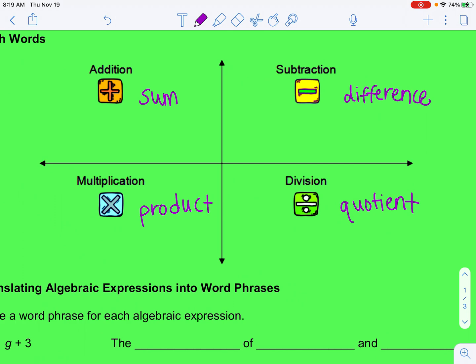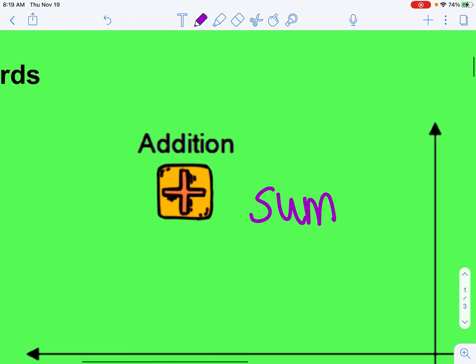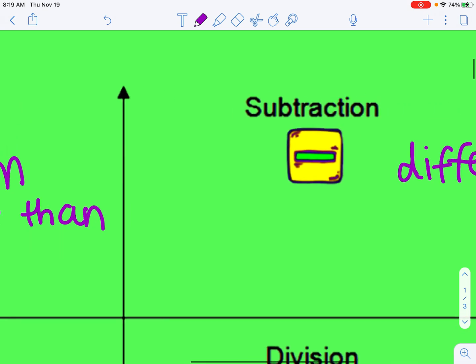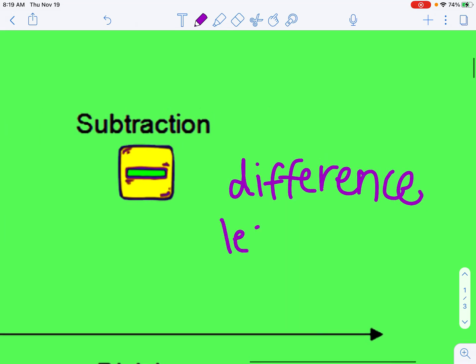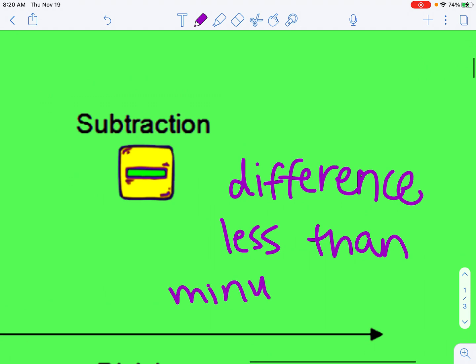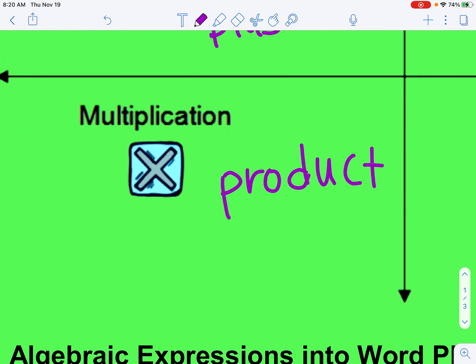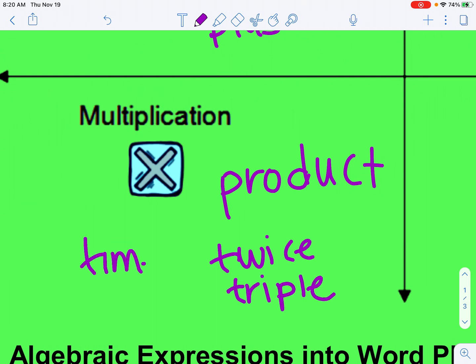Now let's try to think of a few other words that mean add. So when I think of add, I think of more or more than, or plus. Okay? Now with subtraction, I think of less than or minus. Multiplication, I think of twice or triple or times.